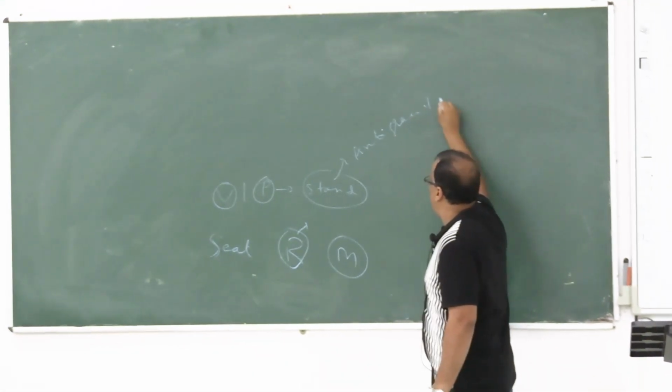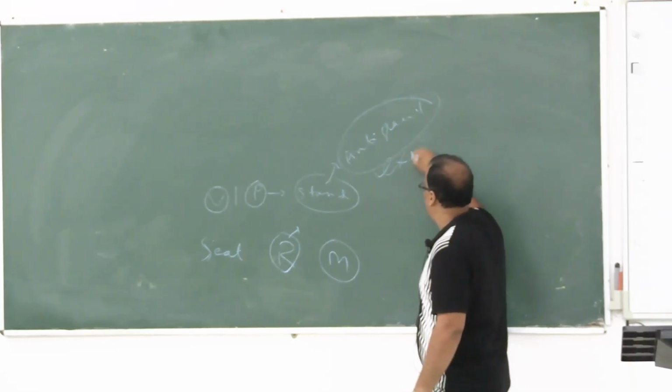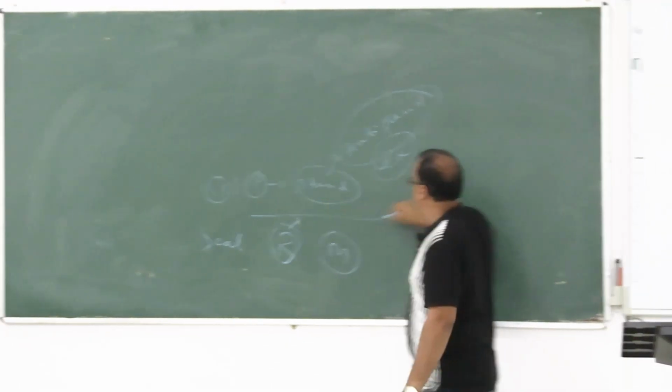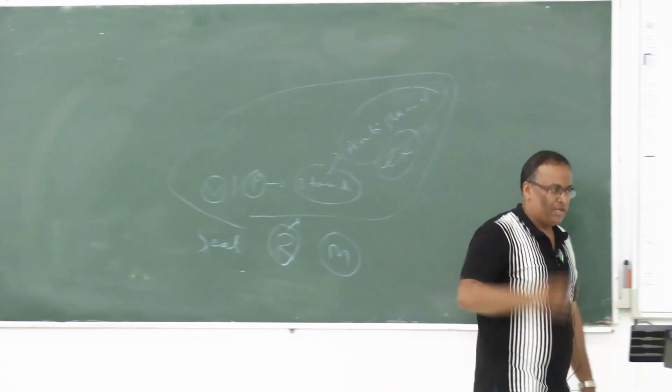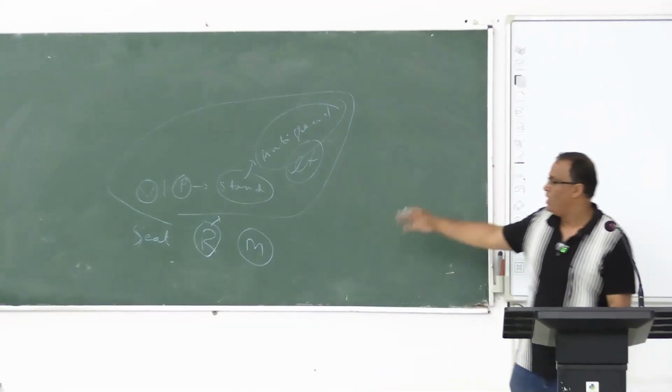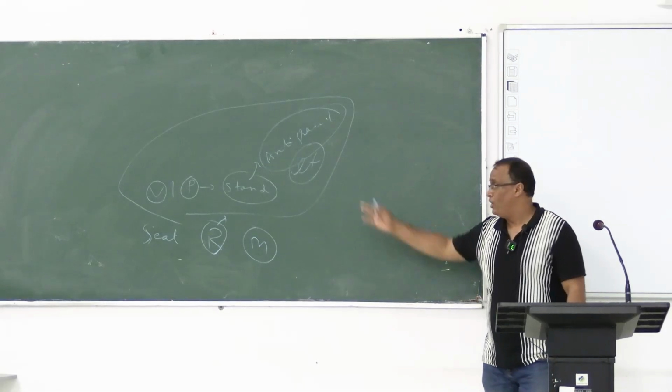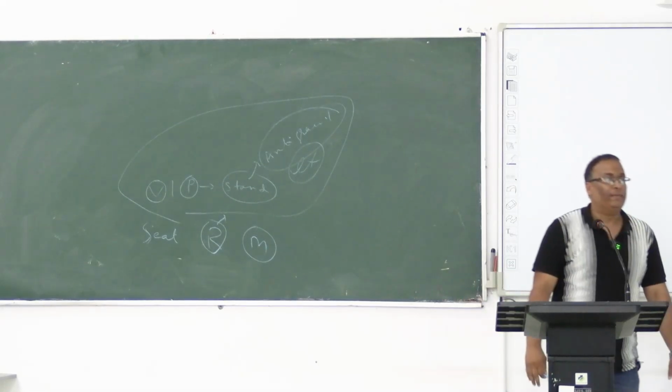That means extensor. Whatever happens here is extensor, and that is VIP, which you remember as vestibulo and pontine, right?